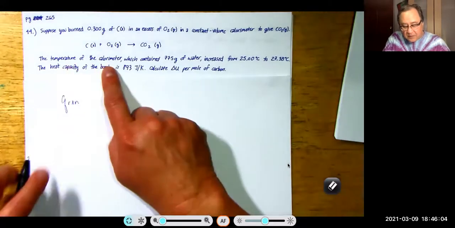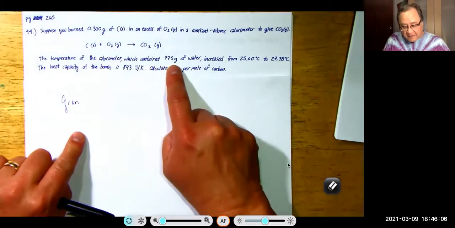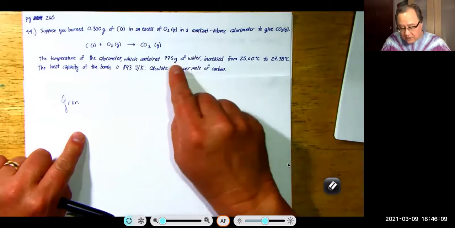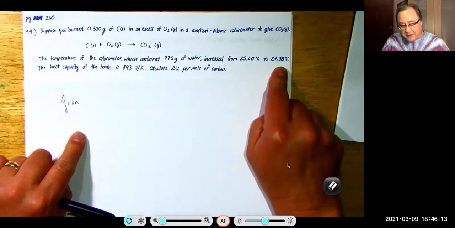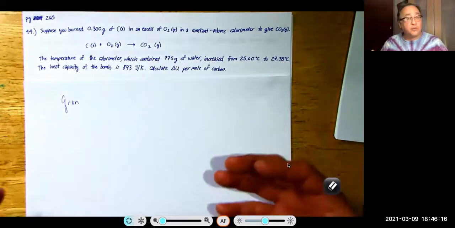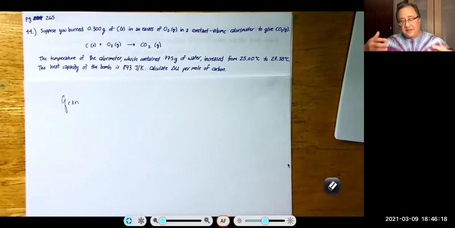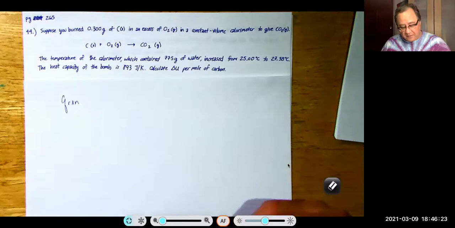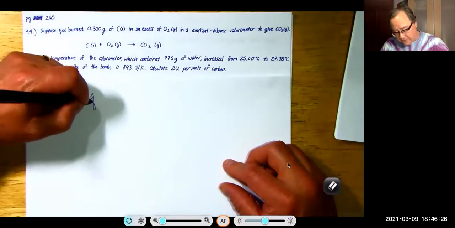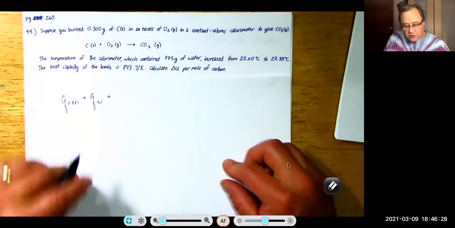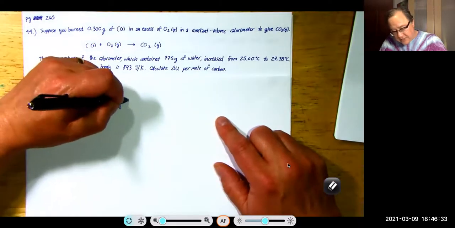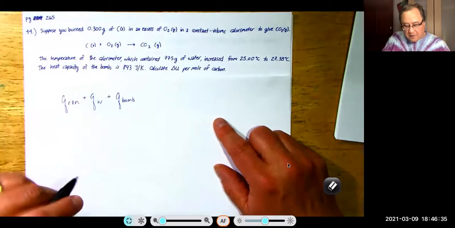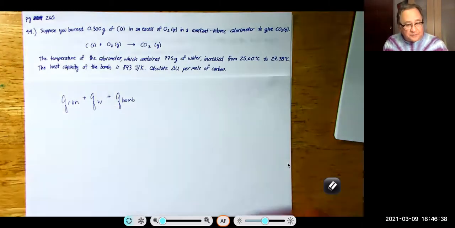Now, the temperature of the calorimeter, which contains 775 grams of water, the water increases from 25 to 27.3. And we know that because if the water is in the calorimeter, they're in thermal equilibrium. So if the calorimeter starts at 25, the water starts at 25. So we have Q of the water here, plus we have the Q of the bomb. So taken together, the water and the bomb is the calorimeter.